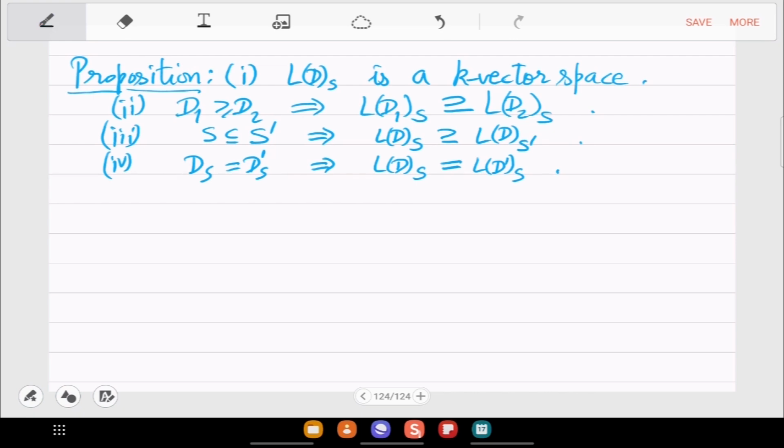Okay, let's quickly prove these. Why is it a vector space?